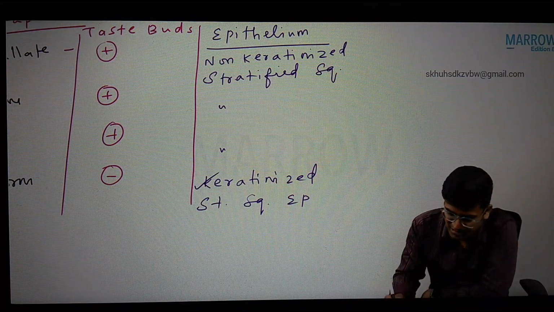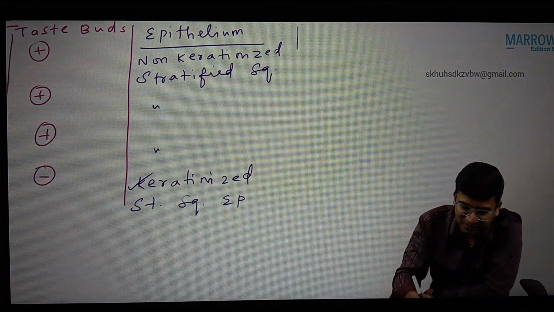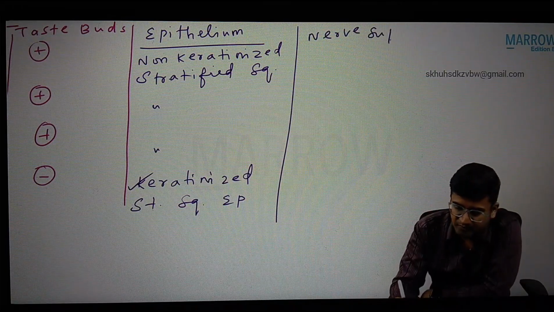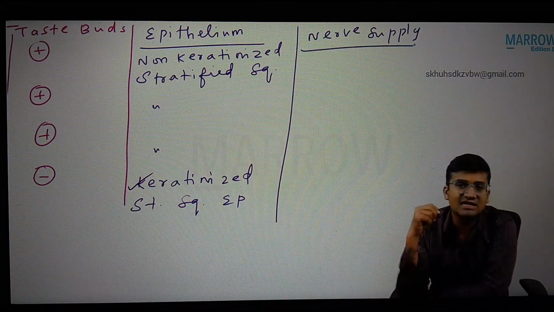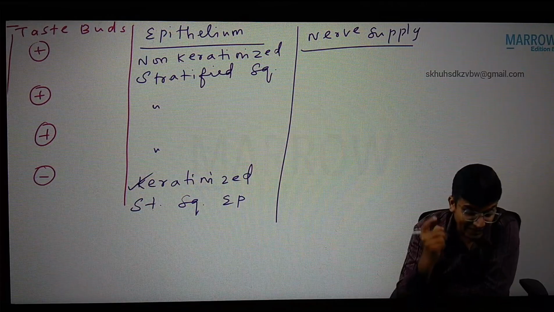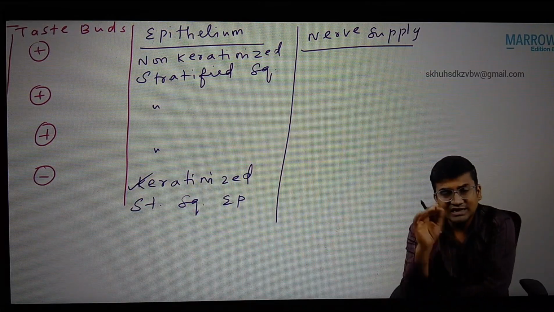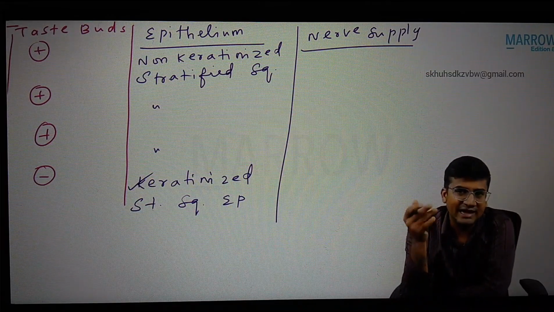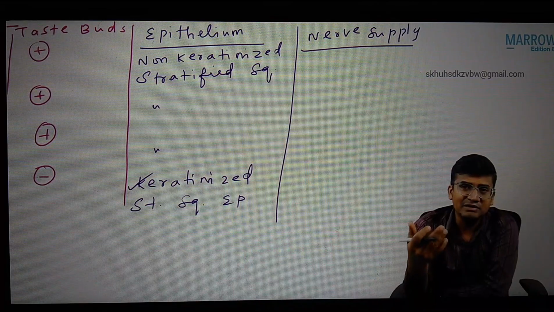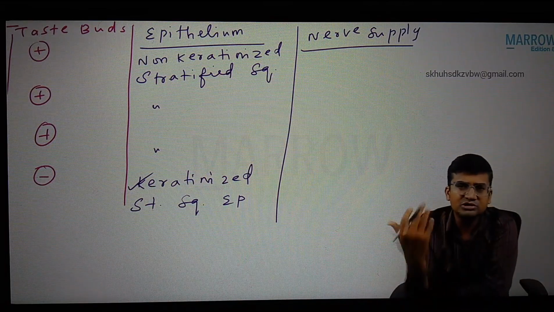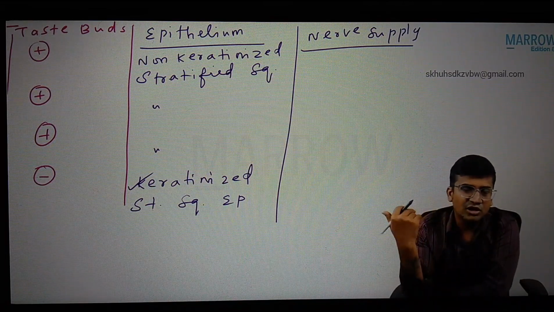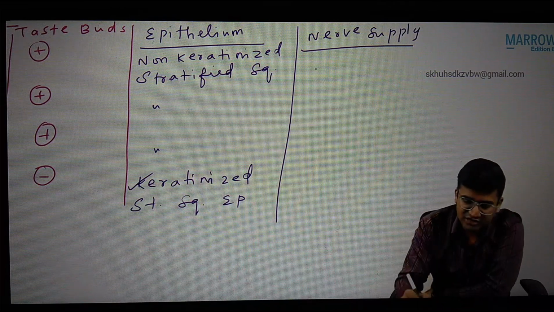So one last thing about the papillas, their nerve supply. Now these papillas are supplied by chorda tympani nerve, except circumvallate papilla. Circumvallate papilla, though it is present in the anterior two-third of the tongue, developmentally comes from the posterior one-third of the tongue. Posterior one-third of the tongue comes from the third arch. Now what is the nerve of the third arch? Glossopharyngeal nerve.